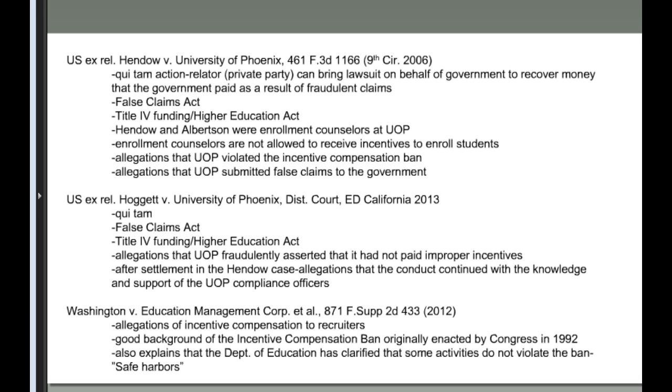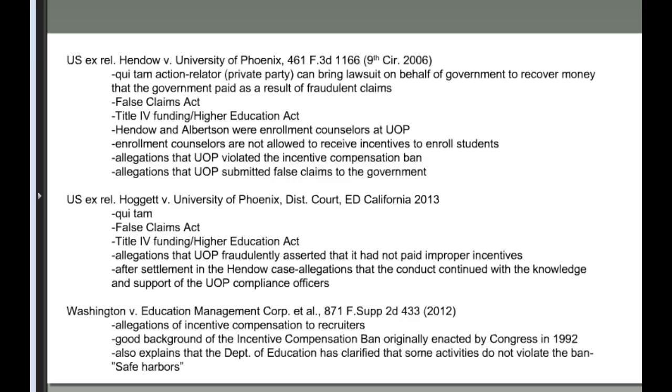As I said before, in the Washington case there's a good explanation of the Department of Education's clarification that some activities do not violate the ban. There are some so-called safe harbor activities that the universities can partake in that would not violate the ban. So that Washington case has good background on all of that.